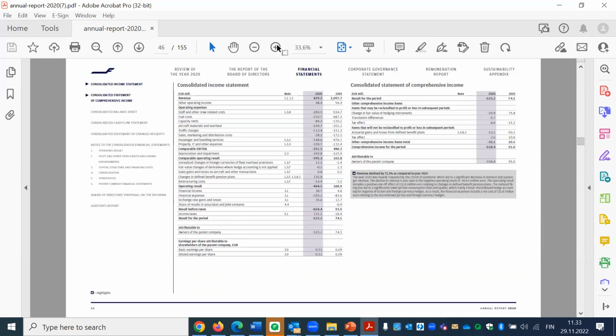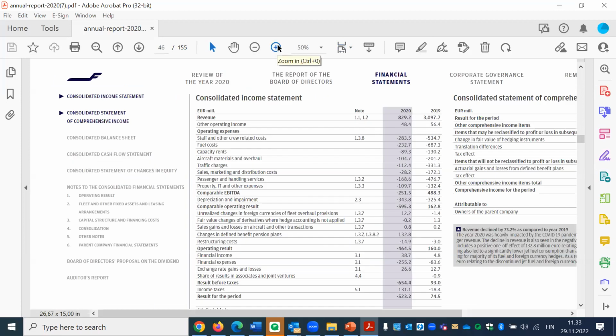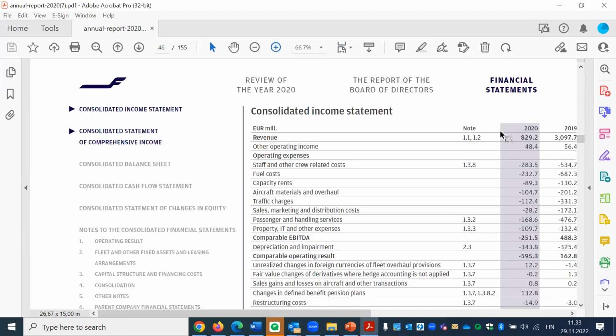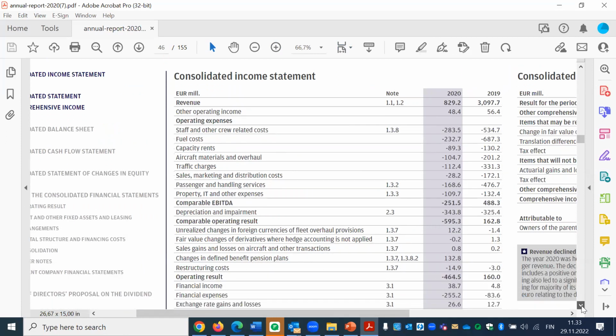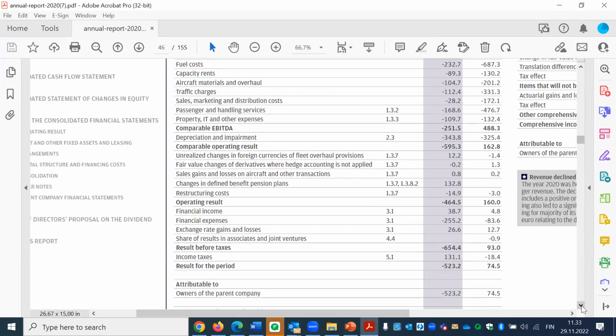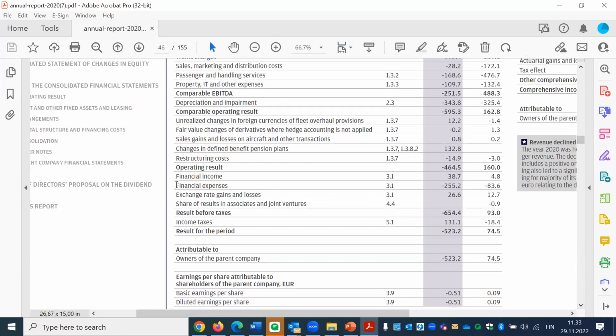Here you can see there is a financial expense, but this financial expense basically only includes the debt expenses. It doesn't include the equity expenses. And then whatever profit is left, results for the period, this is negative, so there is a loss. So this loss is to the shareholders.